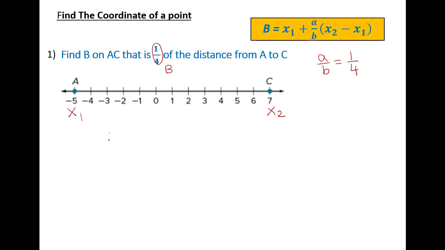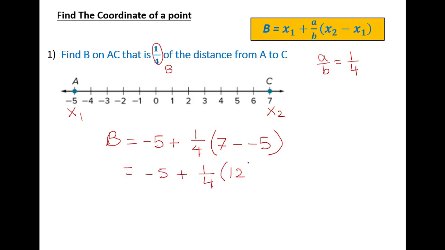I apply the rule, and it will give me immediately the coordinate of B, which is equal to x1, which is -5, plus a over b, which is 1/4, multiplied by x2, which is 7, minus x1, which is -5, multiplied by 12, which is 3. So my coordinate is here. My B is on the -2. This is the way by applying the rule. There are other ways. Feel free to use whichever way you need.